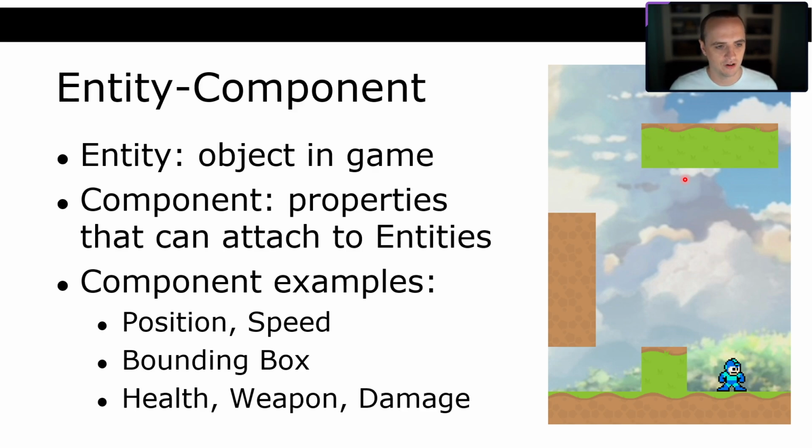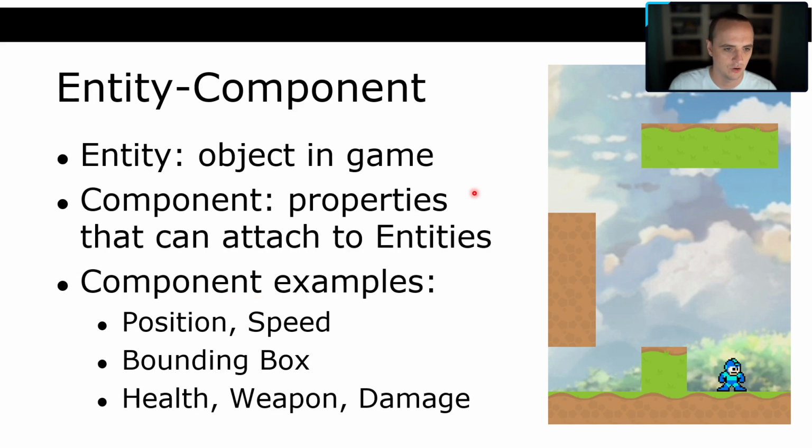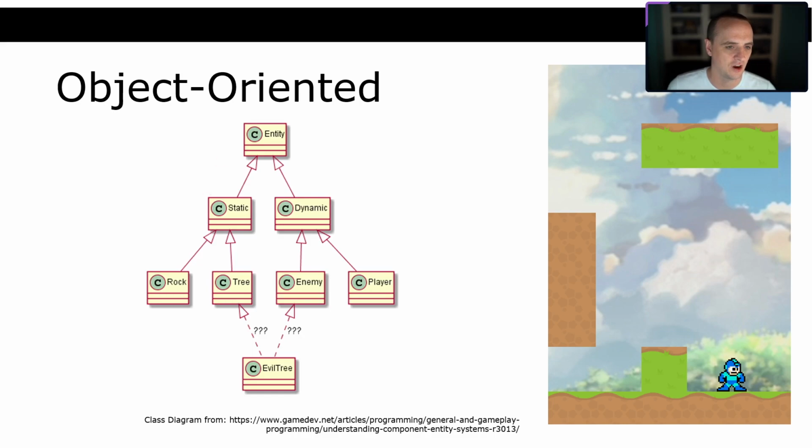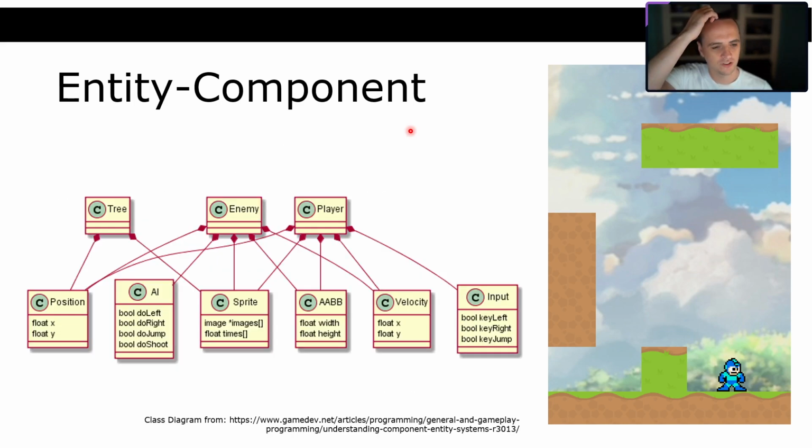So we can consider entities, implementation-wise, as just some sort of container structure that's going to store components efficiently. If we look at the same example as before, except now in an entity component way, recall that we had this vertical hierarchy. Now we have this horizontal structure where, whenever we want to create something, we just pick and choose from the components that we want.